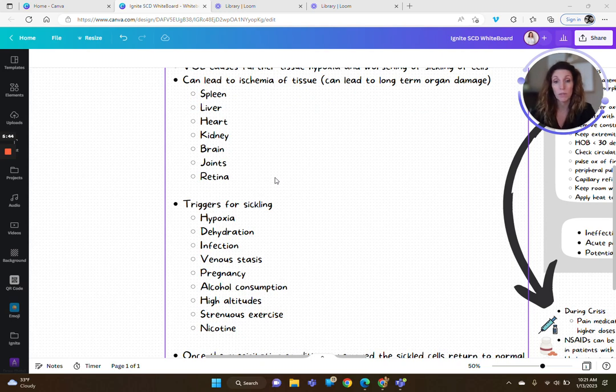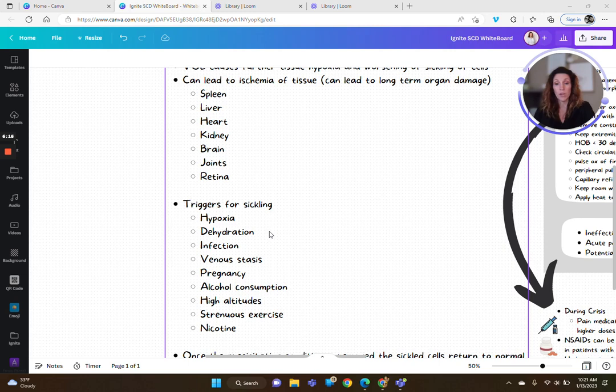So we do have some things that we know have been identified to trigger a crisis in a patient. So it would be important for patients to avoid these things. So hypoxia, which could come along with an episode of pneumonia, or if the patient is somewhere at high altitudes and there's not enough oxygen available, that may lead to hypoxia.